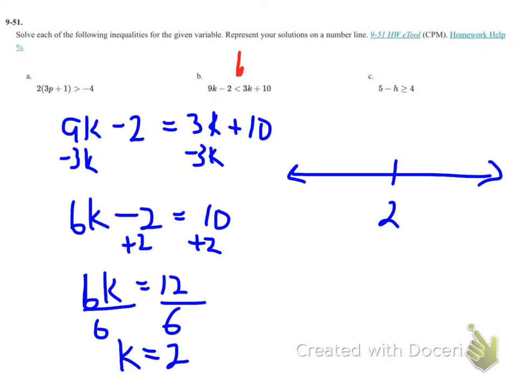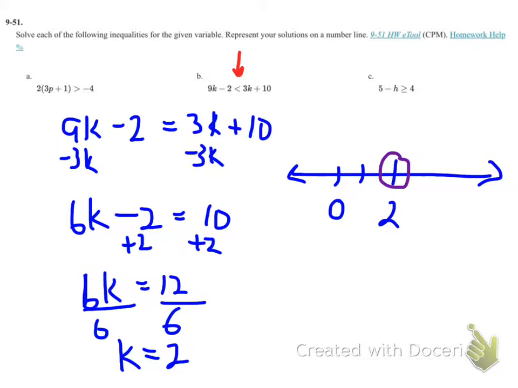Again, I have a symbol here that is not "or equal to." This is a less than symbol. So again, it's going to be an open circle because I'm not including my boundary point in my solution. If I think about where 0 is located, it would be now to the left.